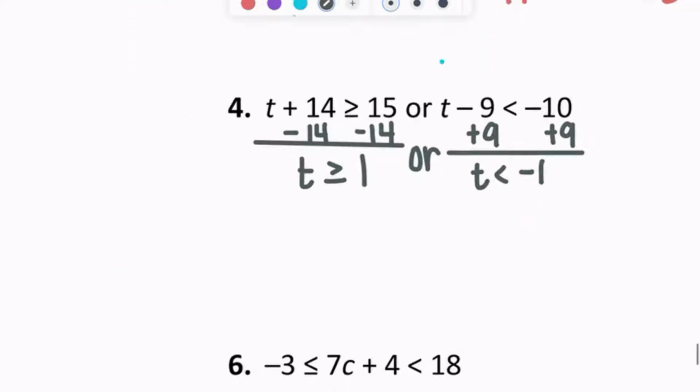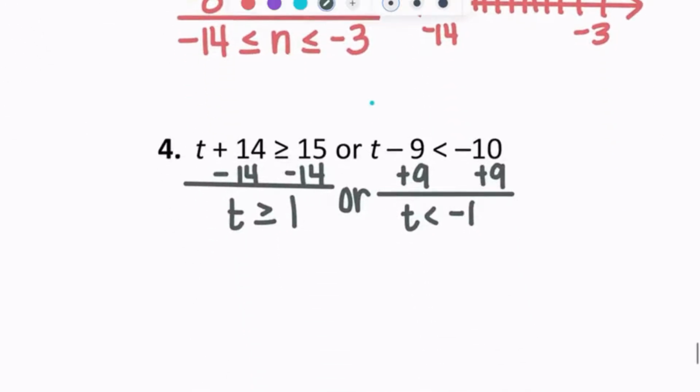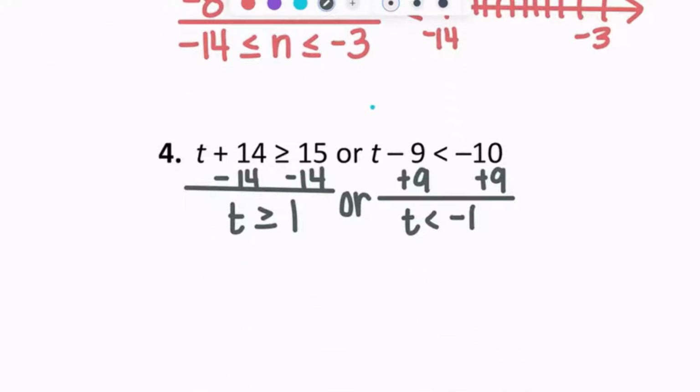So notice here, like in this one, obviously it's between them. They do not have to be the exact same statement in order to be a compound inequality. They can be different statements just attached by that conjunction, or it also could be different statements attached with an and that would mean you're looking for that intersection of where it's both.